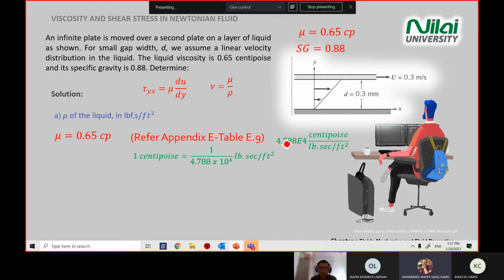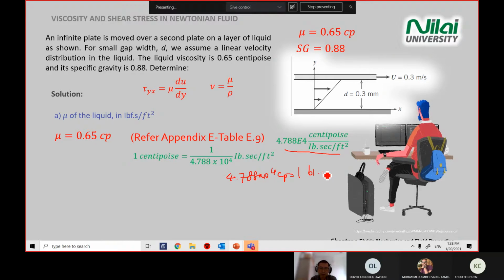I think Ku is asking a question. So if you take this information, 4.788 10 power 4 cP equals 1 pound second per feet square. Because the question gives us cP, it's easier for us to do the conversion for 1 cP.